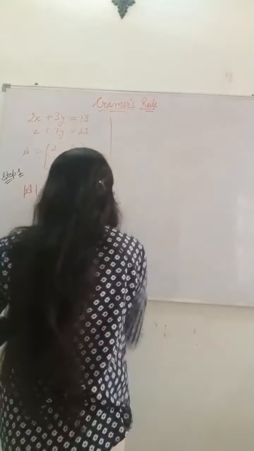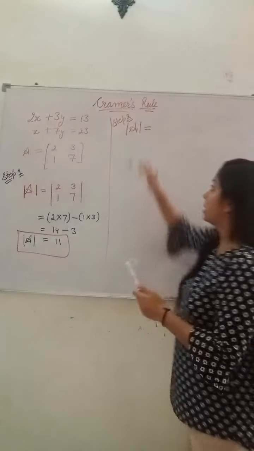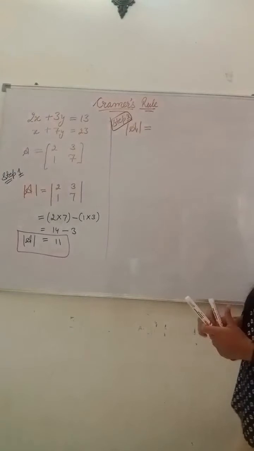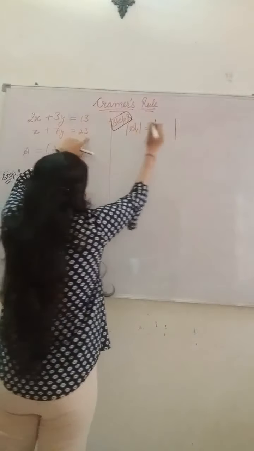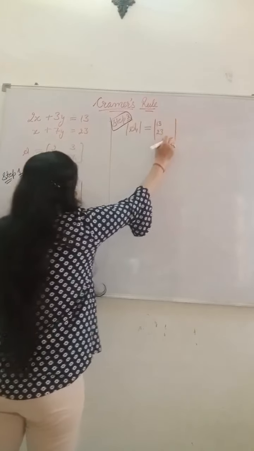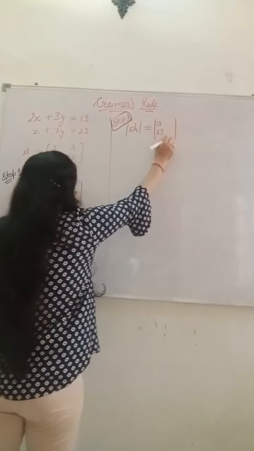Now step second. I have to find determinant A1. A1 determinant means I have to take a determinant in this. In place of the first column I have to take these two elements 13, 23, and the second column will remain the same, 3, 7.